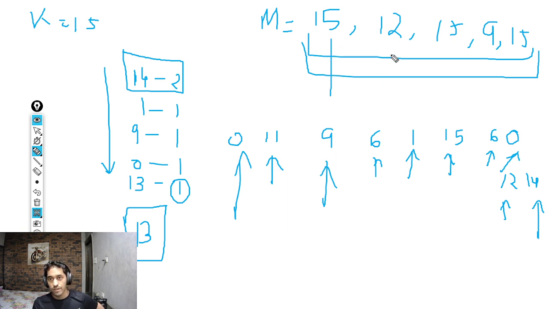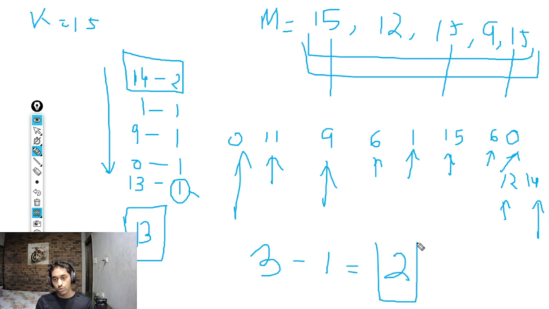This is one pair, but it's not going to give me 13. This is one pair which will give me 13. This will be another pair which will give me 13. So 3 pairs will give me 13, out of which one I don't need to change because it's already 13, isn't it? So two operations I need to do.